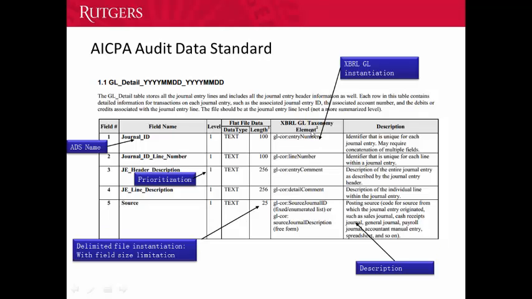And if it's shown in XBRL GL format, here are the taxonomy elements. The last column provides a description of each item. For example, journal ID is an identifier that is unique for each journal entry.